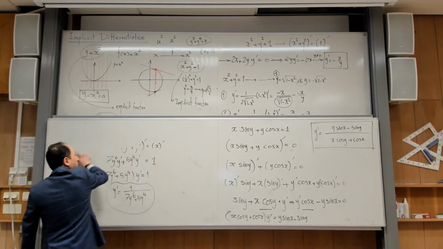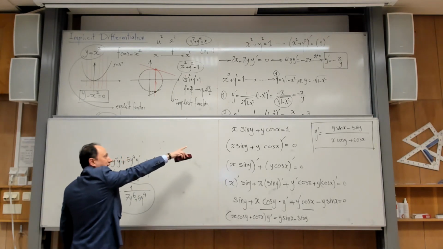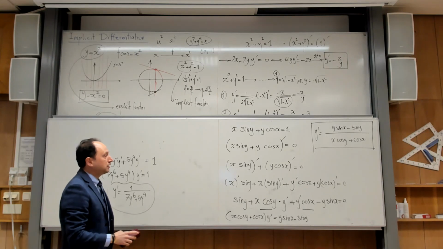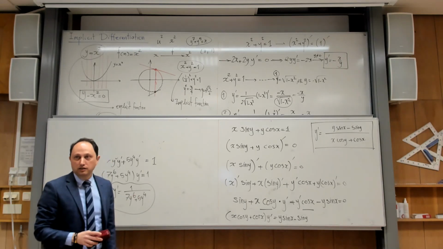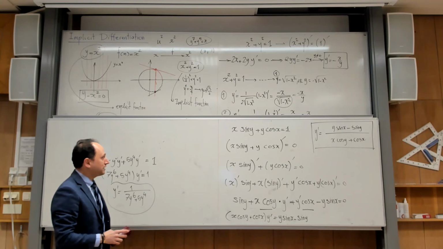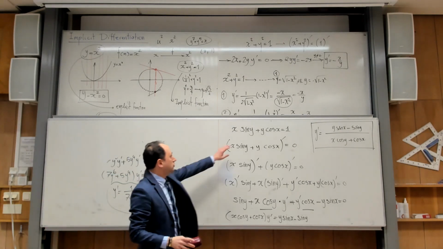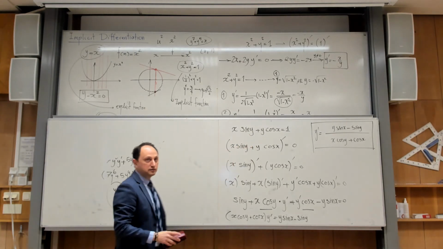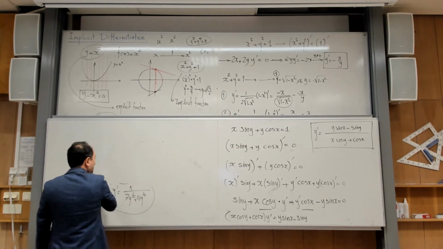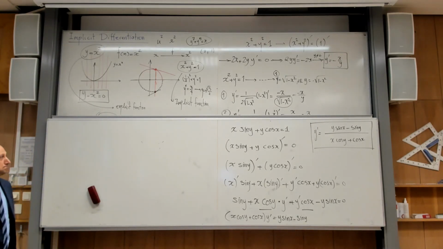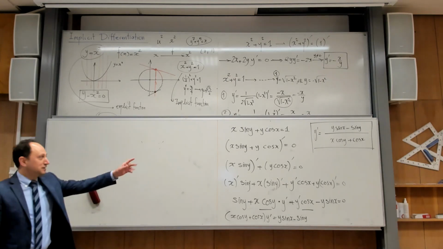Can you give me a point which is on the graph, and I want to find an equation for the tangent line at that point. So I ask you to give me a point that you are sure lies on the graph.